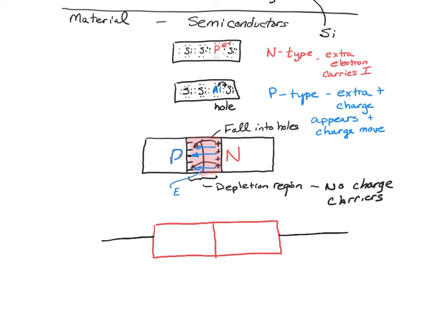That's the E field. Now down here, I'll draw that depletion region. Plus, plus, plus, plus, minus, minus, minus, minus. And we now know that there's naturally an E field. We'll just call it natural. That natural E field now is the thing that's creating the block, not letting current flow through.